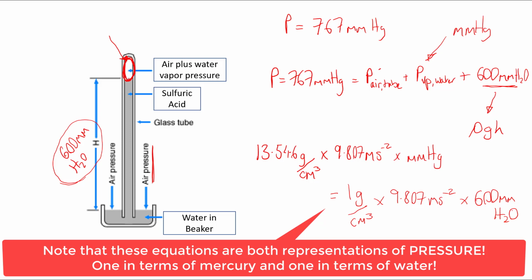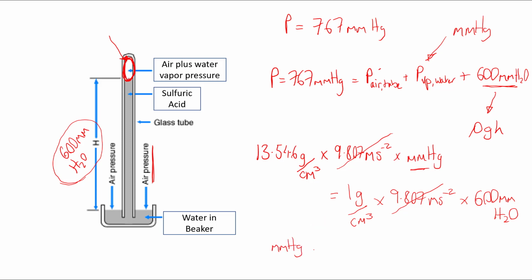If we want to convert into millimeters of mercury, we recognize in this equation that these two terms will cancel. So to find millimeters of mercury, it's simply equal to the height of the water, the 600 millimeters of H2O, multiplied by the density of water, 1 gram per centimeter cubed, divided by the density of mercury, 13.546 grams per centimeter cubed.